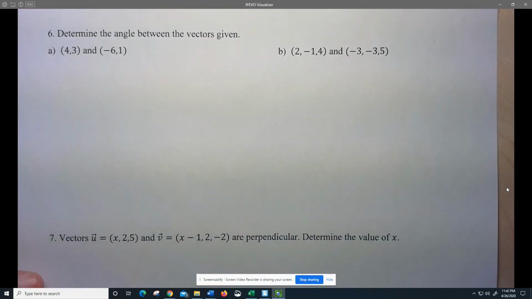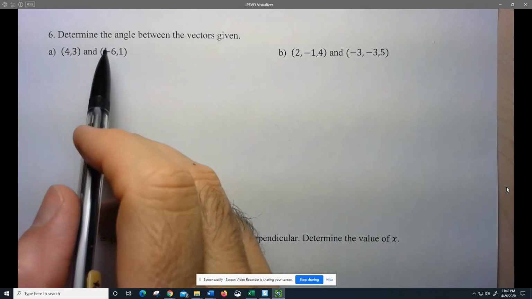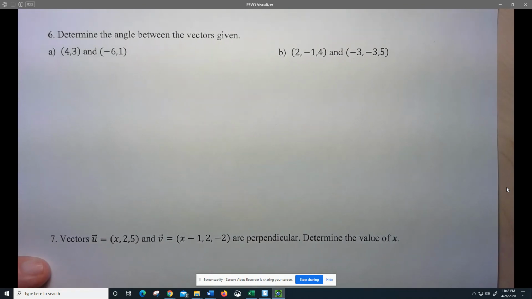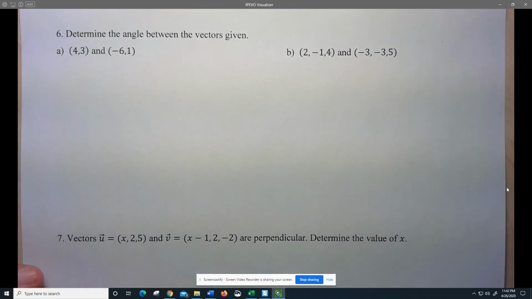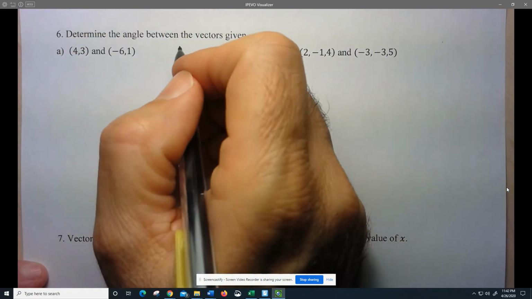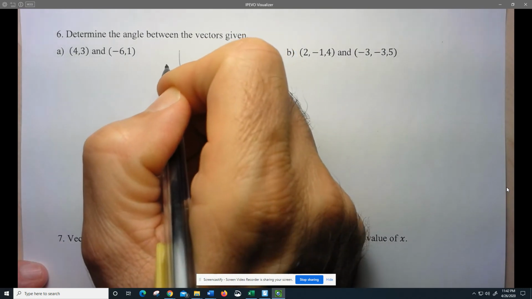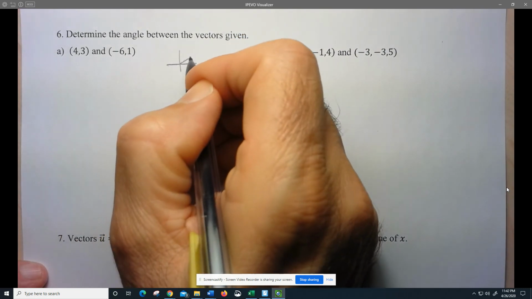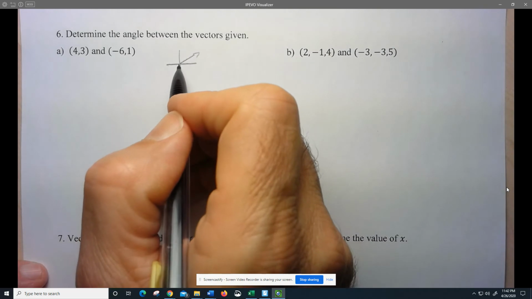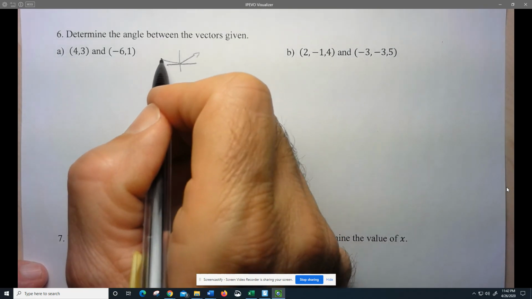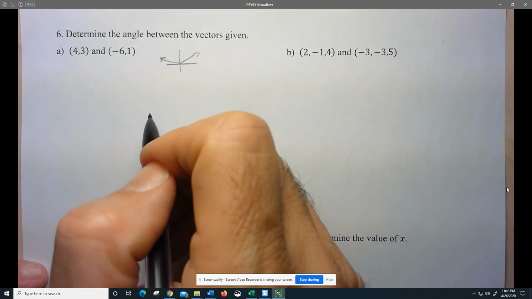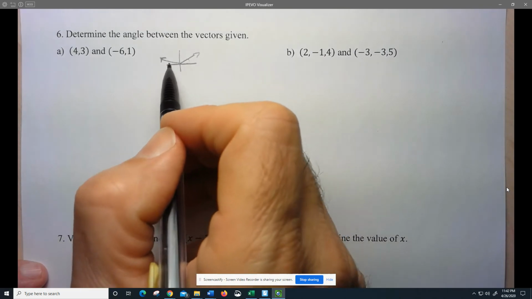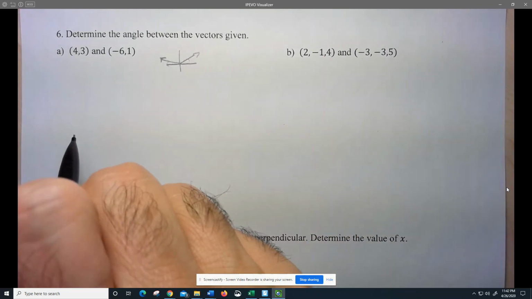Okay? So let's say I take a look at this here and I wanted to find the angle between the 2 vectors. So let's just remind ourselves that this would be an annoying process. Say 4, 3, there's that angle, and -6, 1, there's that angle. I could determine these 2 angles and then subtract them from 180.